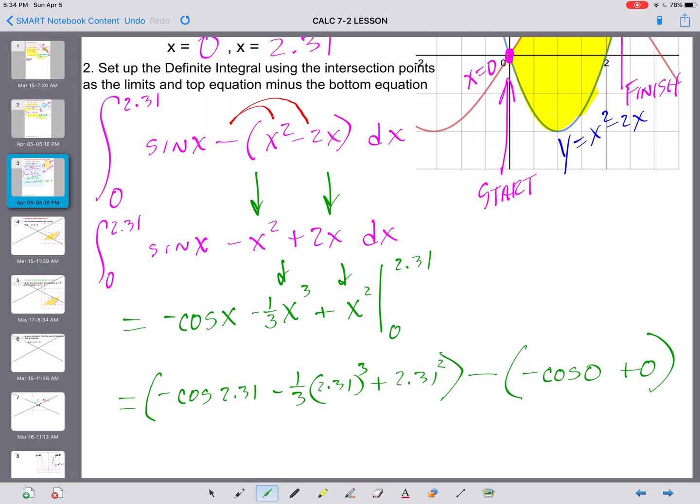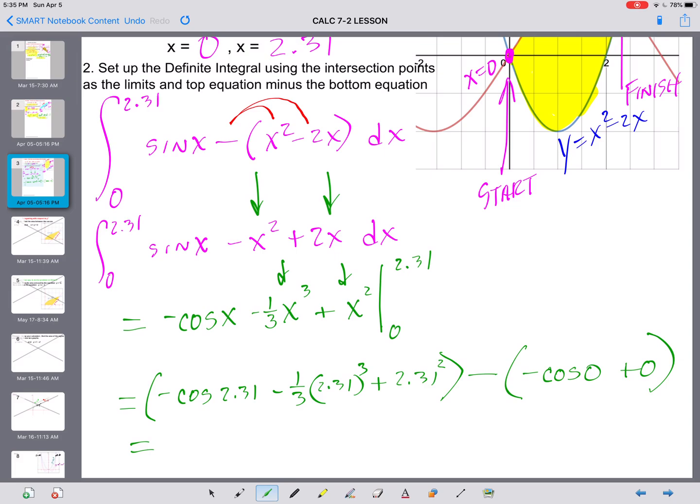Now let's figure this out. In my calculator, make sure my calculator is in radians. It is. I'm going to go ahead and do this right now. First of all, negative cosine of 2.31, minus parenthesis 1 divided by 3 times 2.31 raised to the 3rd power, then plus 2.31 squared.